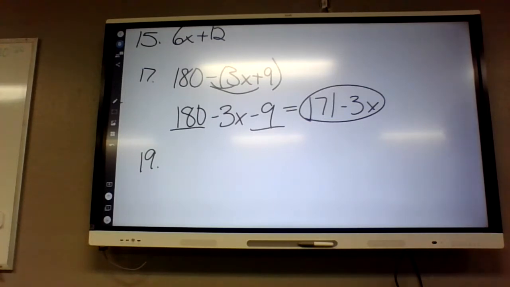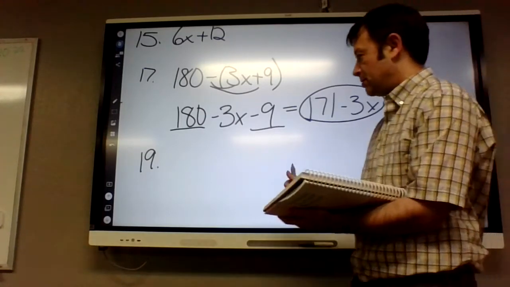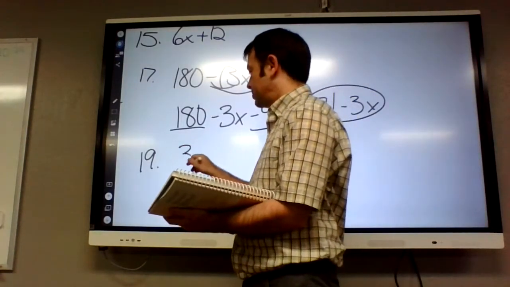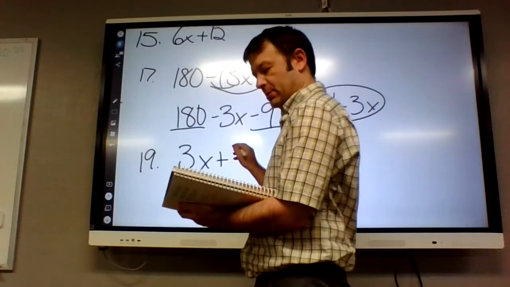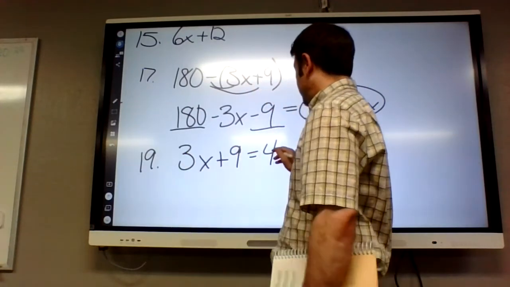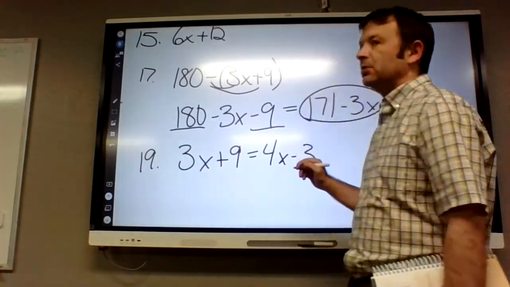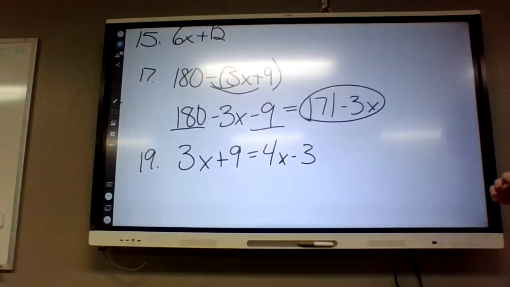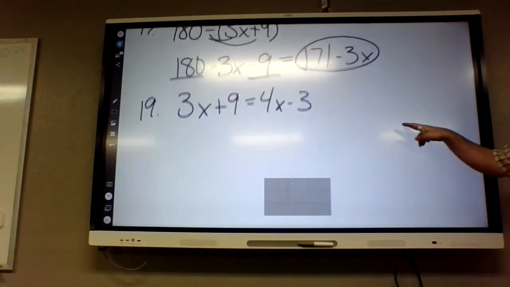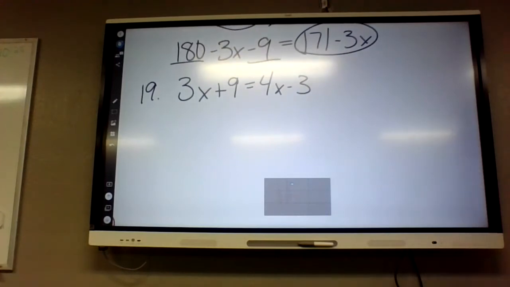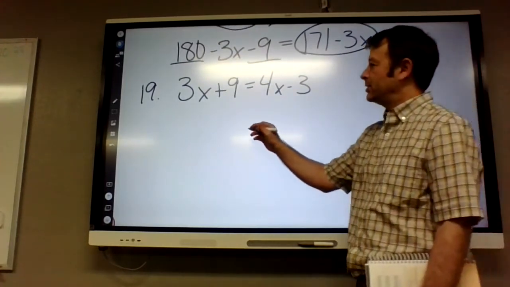So what equation would I set up if they're the same? They're equal to each other. 3x plus 9 equals 4x minus 3. Shannon, what do I do now? Minus 3x.